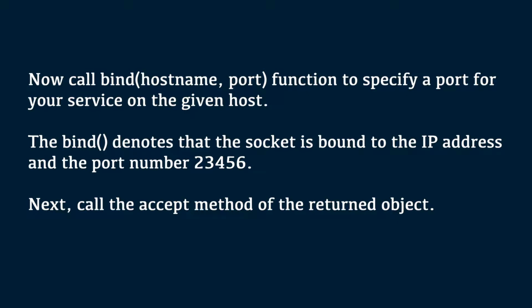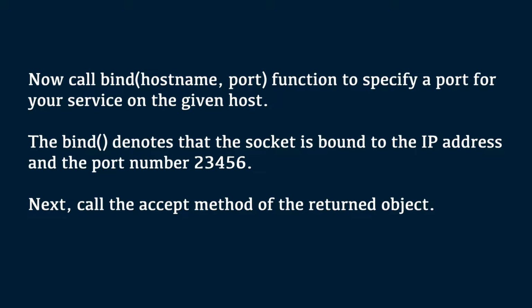To write internet servers, we use the socket function available in the socket module to create a socket object. A socket object is then used to call other functions to set up a socket server. Now, call the bind(hostname, port) function to specify a port for your service on the given host.